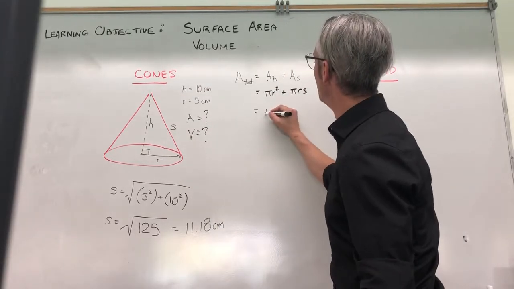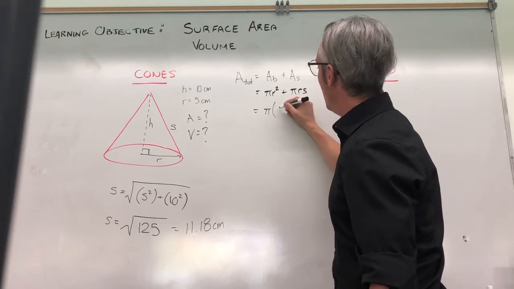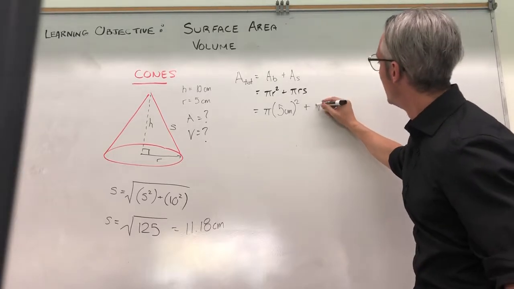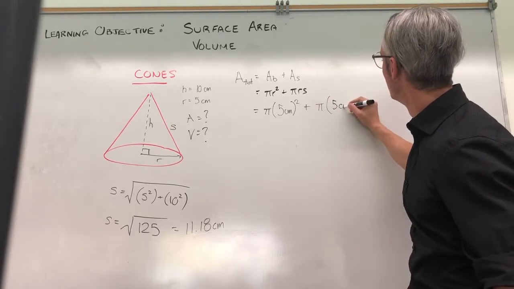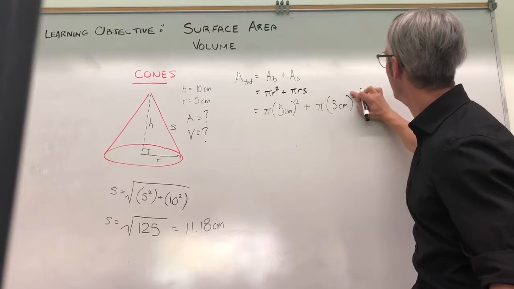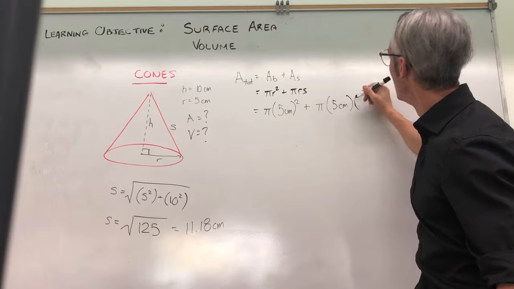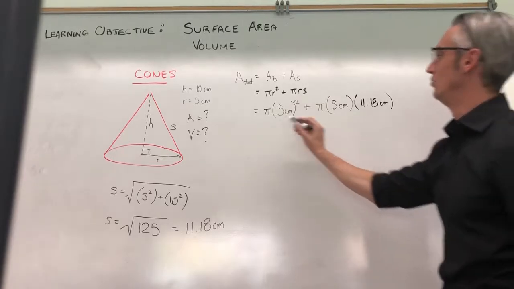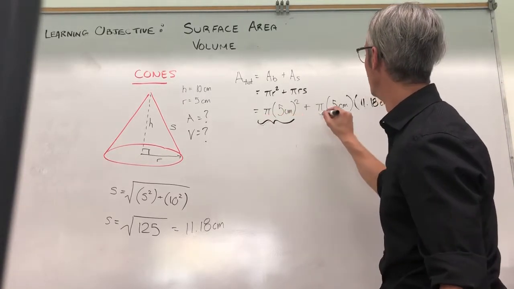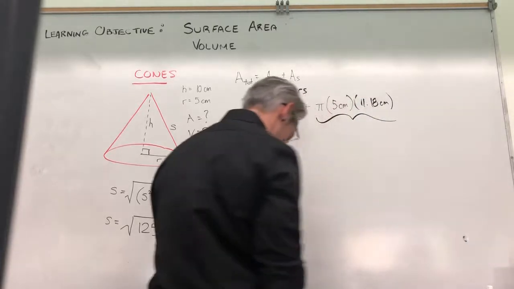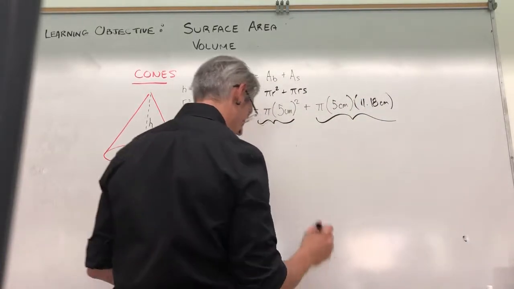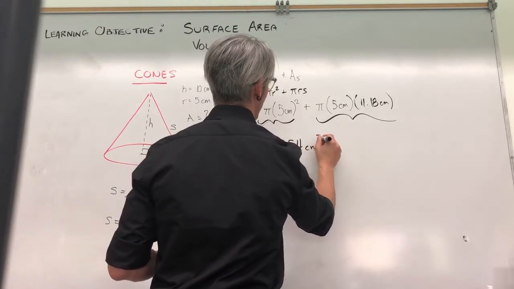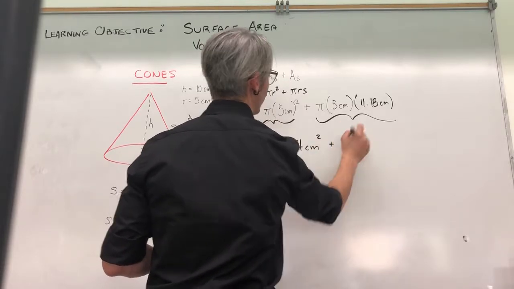So then I put it in here, pi times r, 5 centimeters squared, plus pi times 5 centimeters multiplied by the side, which we said was 11.18 centimeters. Now I recommend we do this first and then just add it to this. So let's figure out what pi times 5 squared is. It is 78.54 centimeters squared.